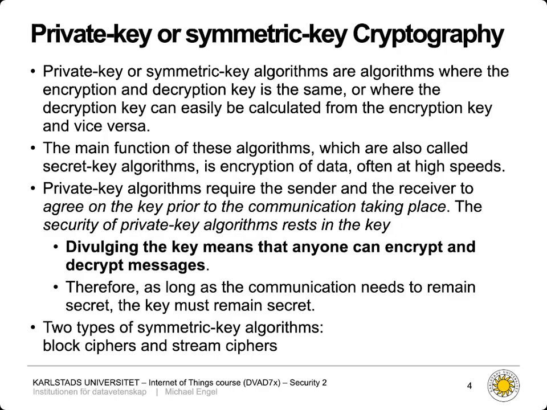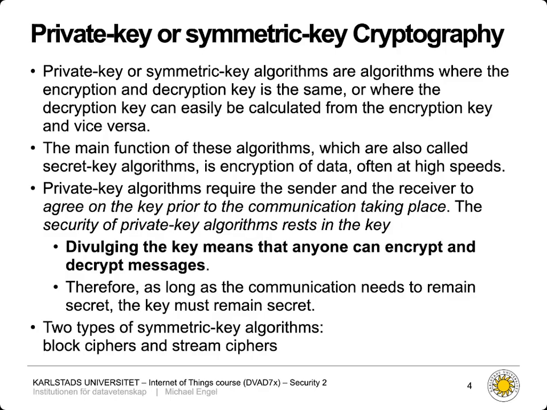So this means that private key algorithms somehow need a way to exchange these keys beforehand. They cannot do it in the open without any encryption, because then any eavesdropper could just read the key and use it afterwards. So very often in early approaches to private key cryptography, this key exchange took place on a separate medium.